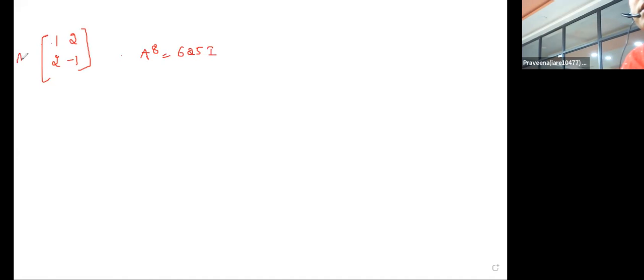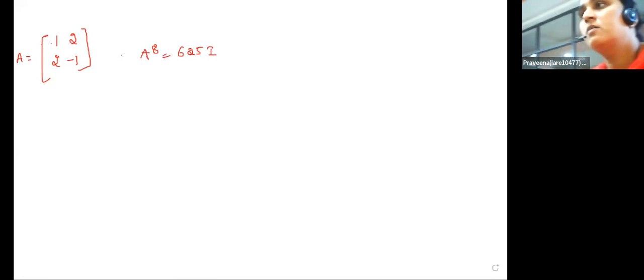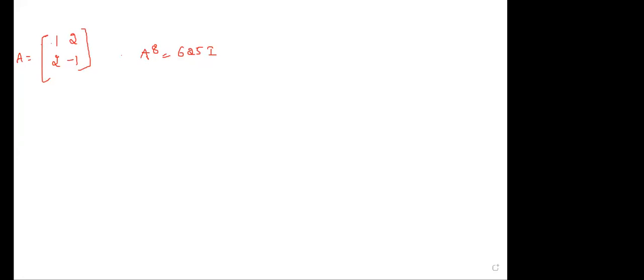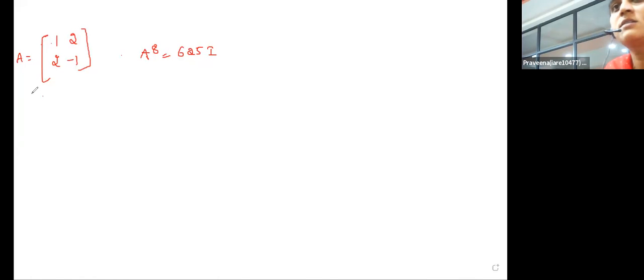Okay, this is the matrix. If you know the procedure, just continue the verification for this. The characteristic equation is the determinant of A minus lambda I equal to 0.